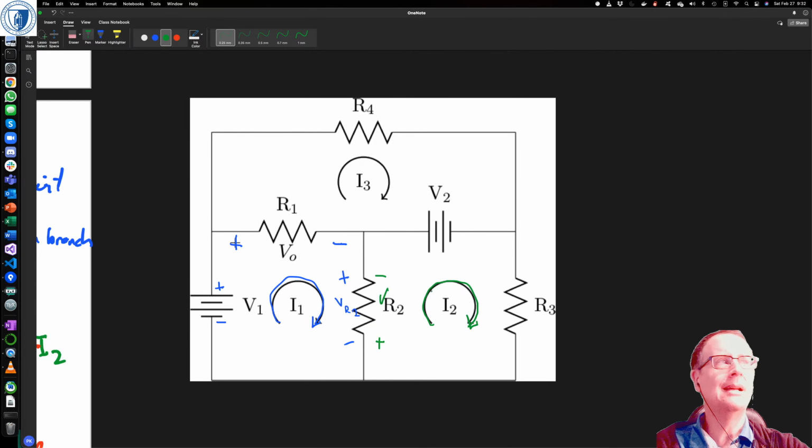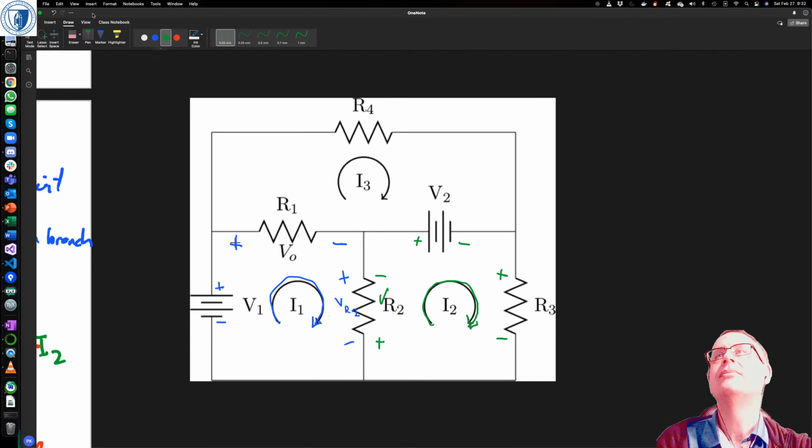That is okay, that is normal. It just can be confusing. And then this is another battery, so we can't choose the polarities there. And then here's another passive device, so that's our passive sign convention selection for the voltages there.